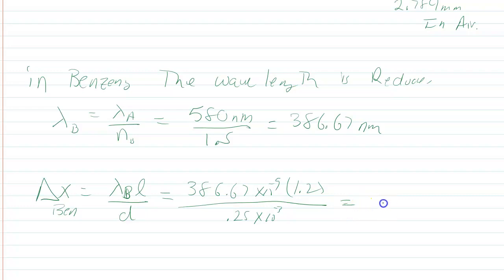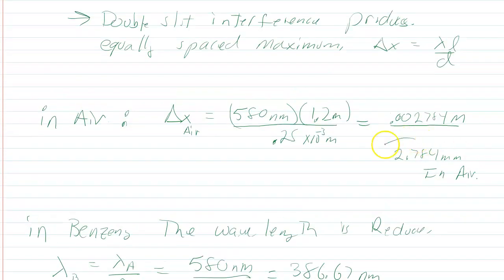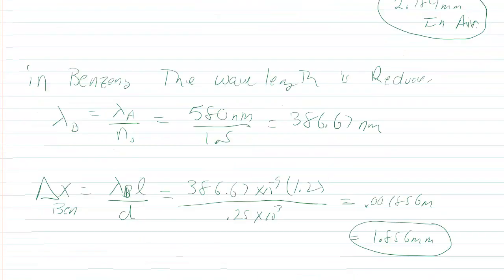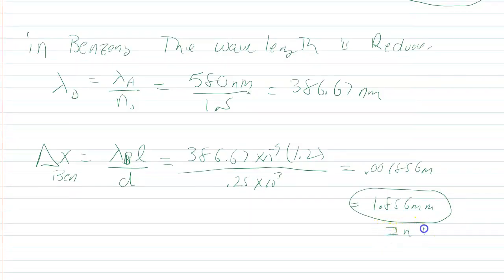And I get 0.001856 meters, or we'll write it as 1.856 millimeters. There we go. Our interference spacing in air and in benzene.